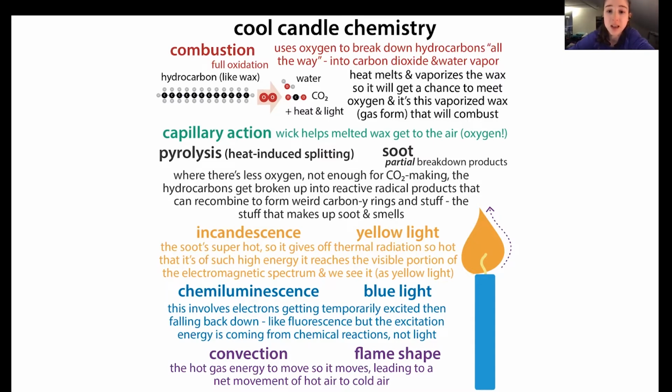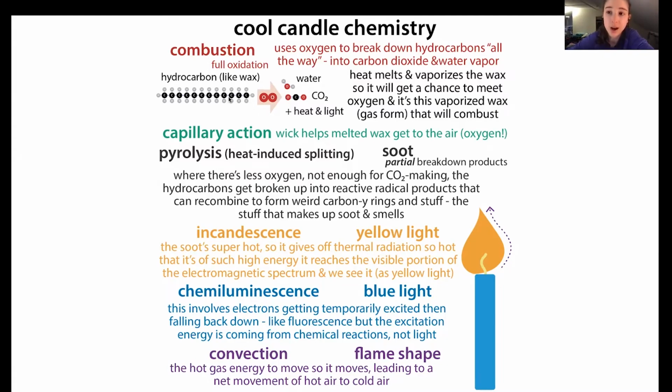But what happens is that if you don't have enough oxygen available, maybe you're in the part of the flame where there's not enough oxygen, or if the temperature drops or you're running out of fuel, any oxygen that there is basically going to be used.